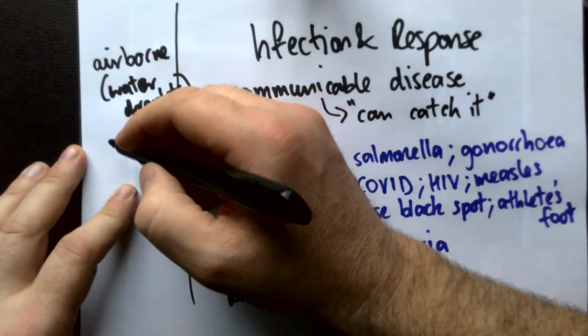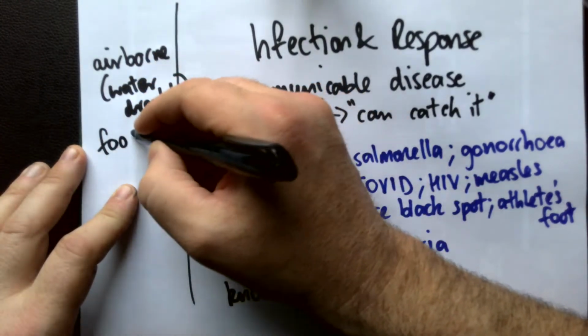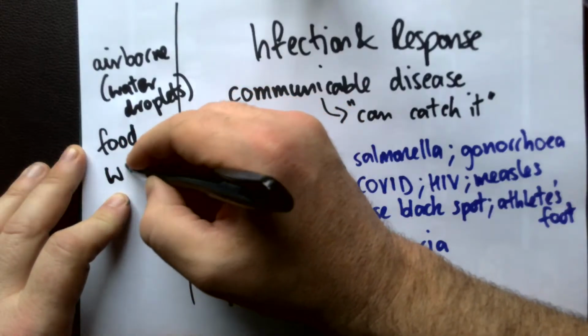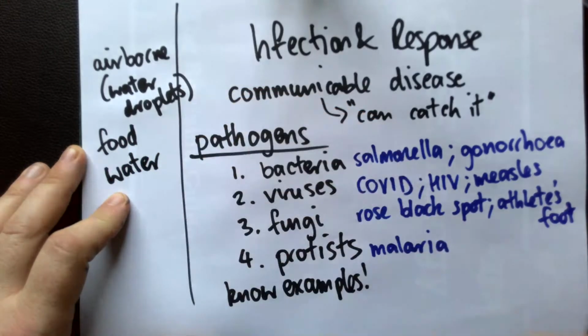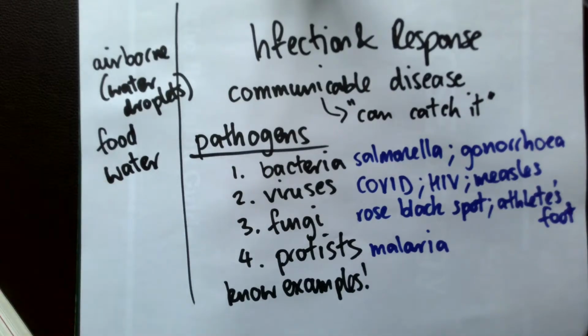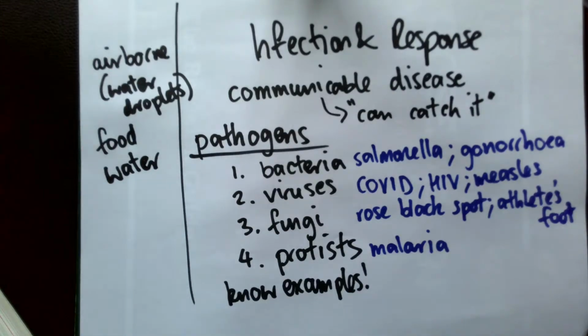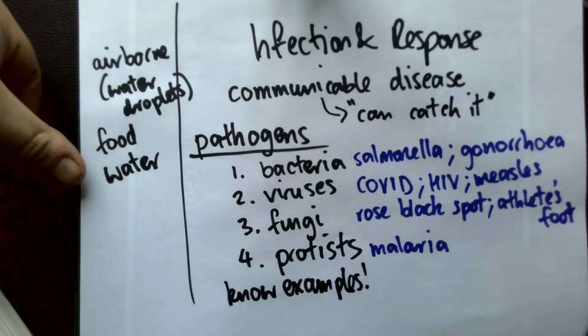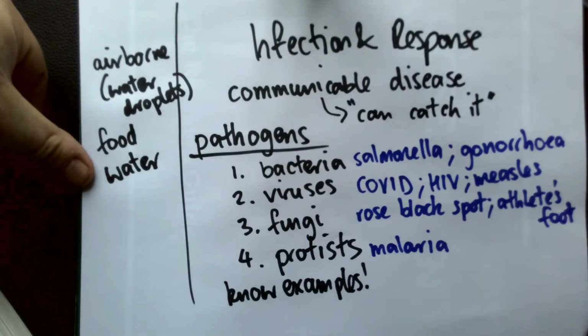We could also have contaminated food. We could have contaminated water. In the event of a natural disaster, so say there's a devastation somewhere around the world, one of the most important things to establish is a healthy and clean water supply.